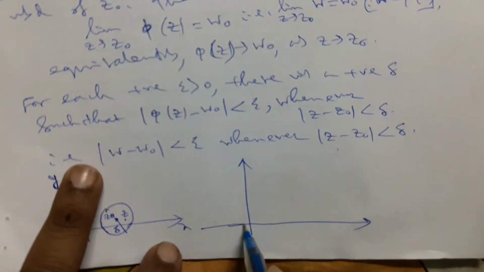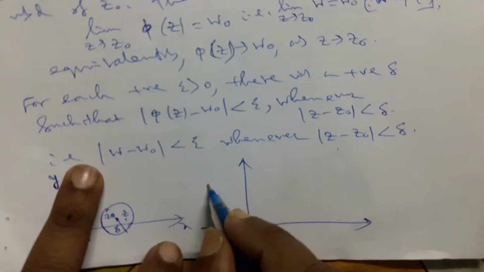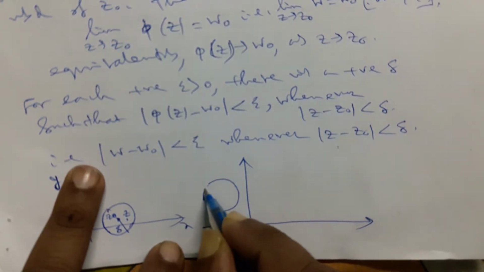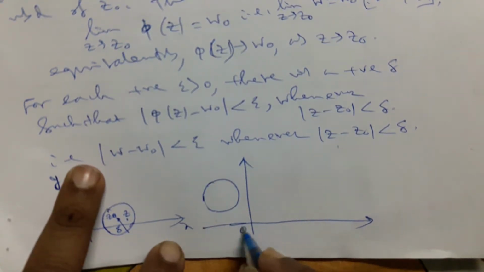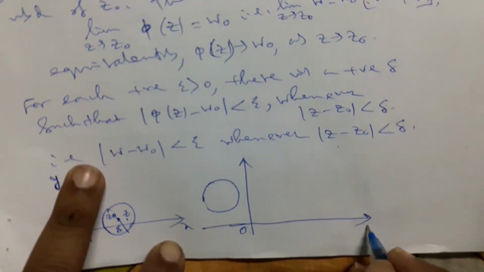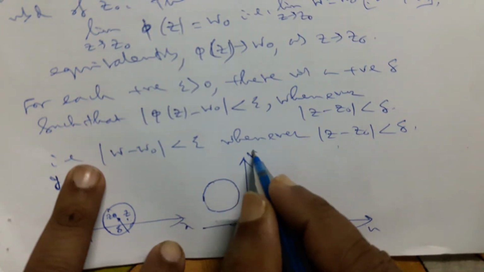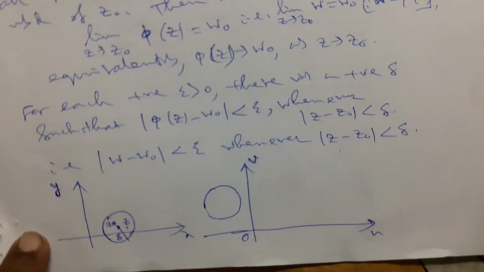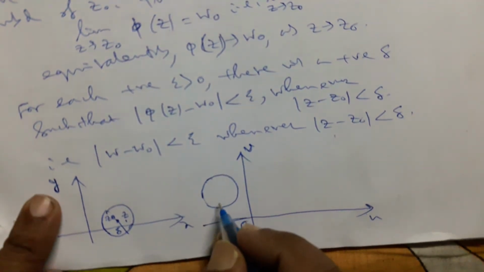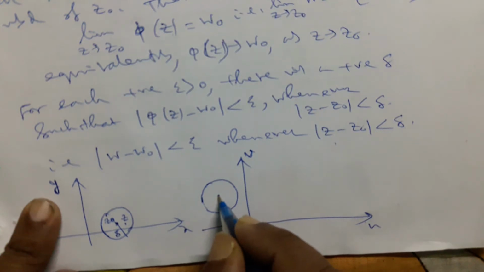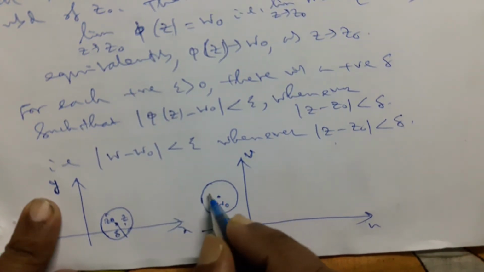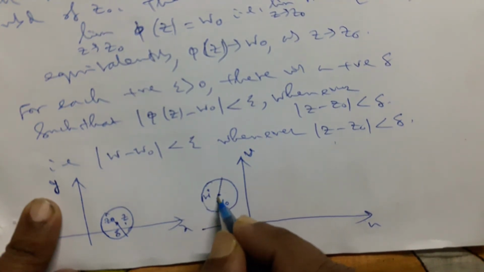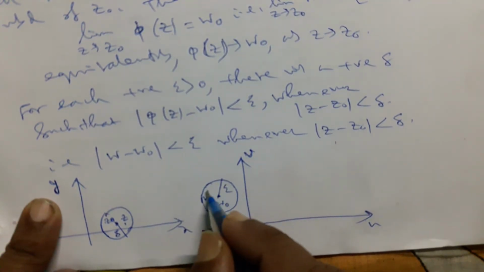Alternatively, if we draw a figure in the case of the UV plane, we draw the same thing: W0 is the center, and if we consider W here, no matter for that, the radius is epsilon.